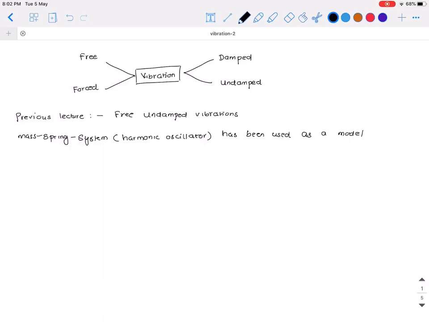The reason for choosing that is that it contains core ideas of the theory of vibration, which is an oscillatory motion about its equilibrium position.